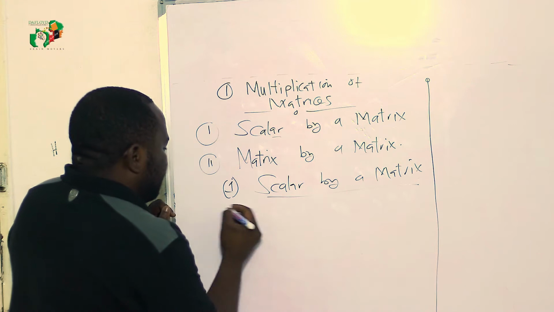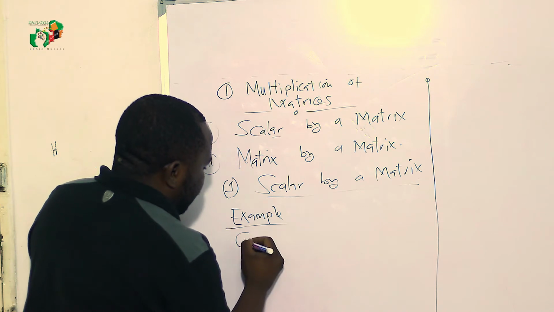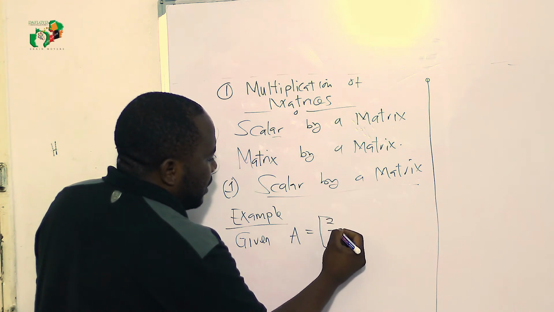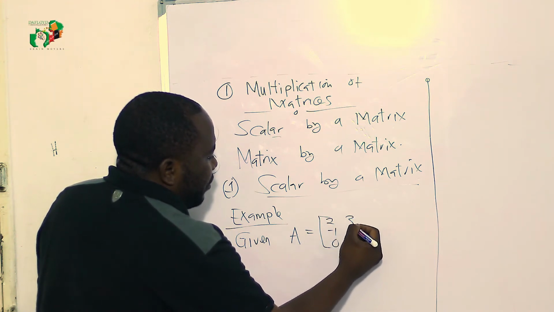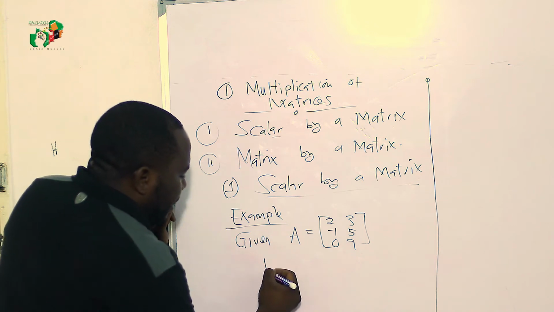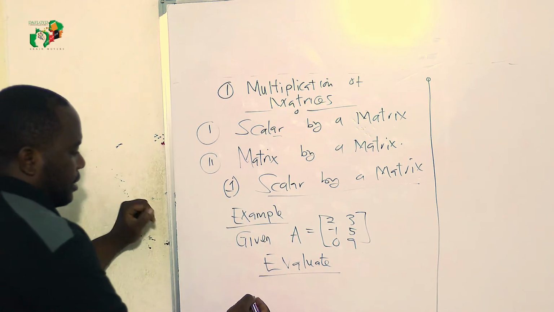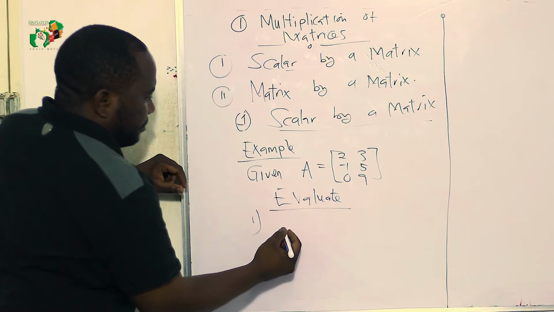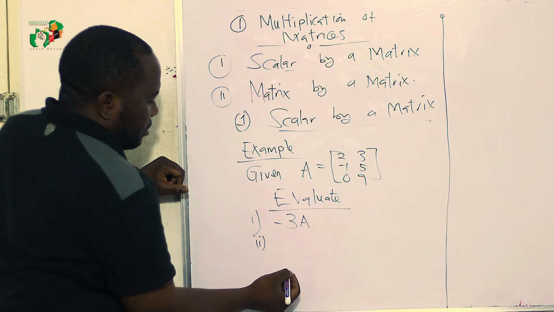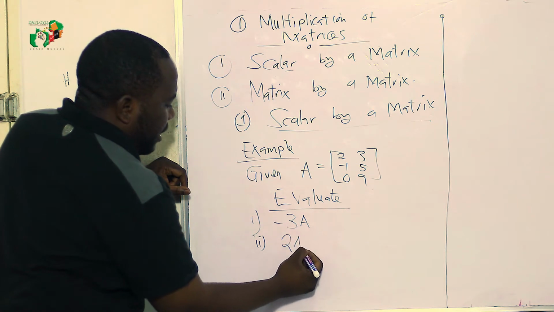So, for example, given A is equal to the matrix with rows 2, negative 1, 0, 3, 5, 9, evaluate number one, negative 3A. Number two, 2A transpose.